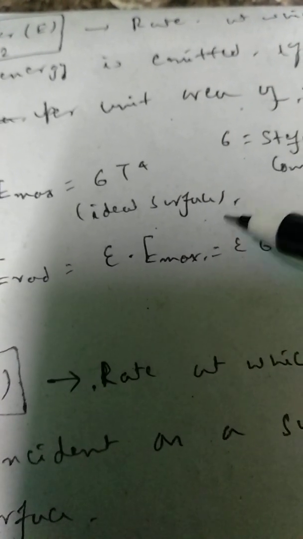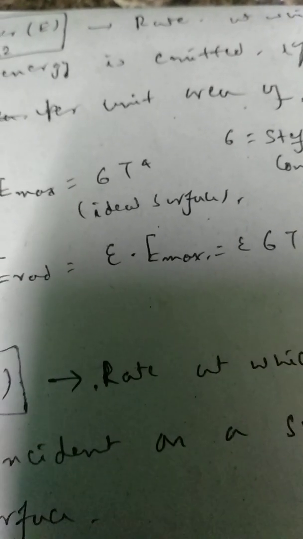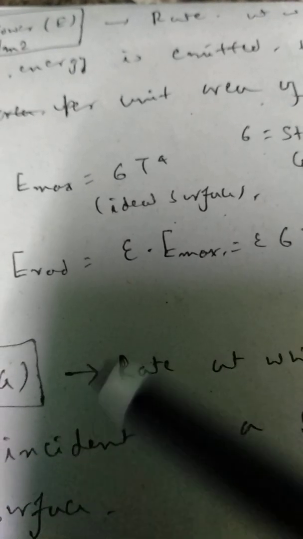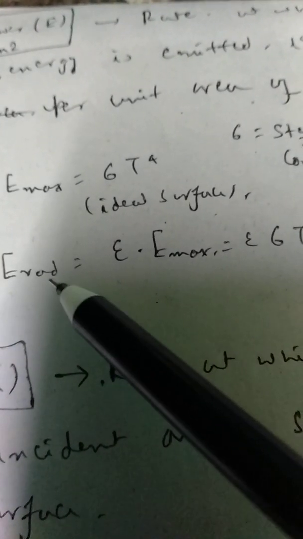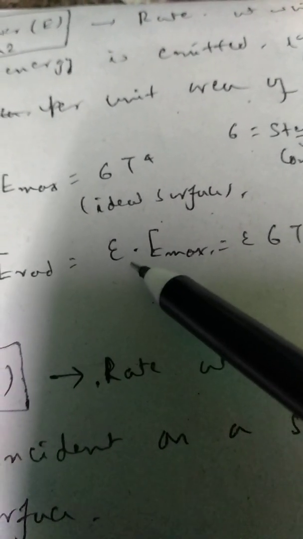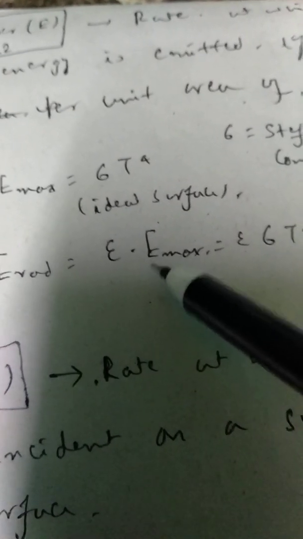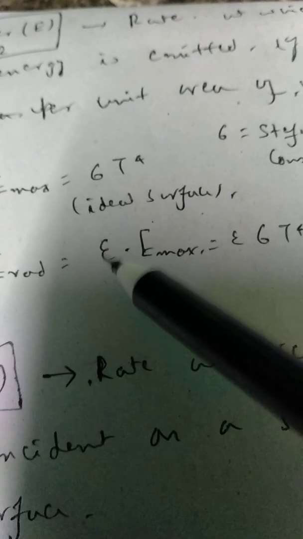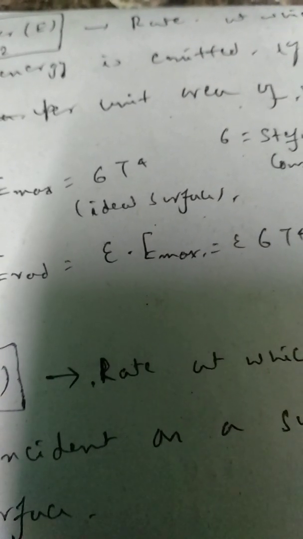But surfaces are generally not ideal. So for a real surface, the equation becomes E is equal to small e into E max. So this small e is actually a fraction. This value is between 0 and 1.